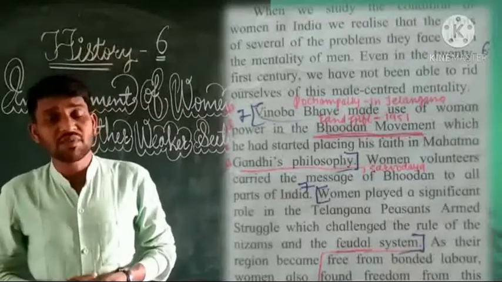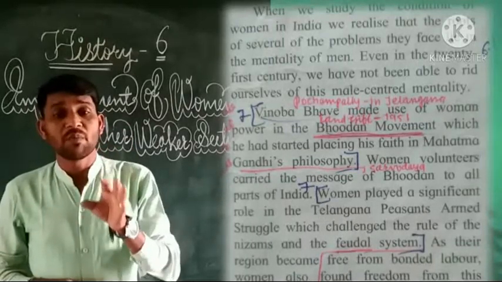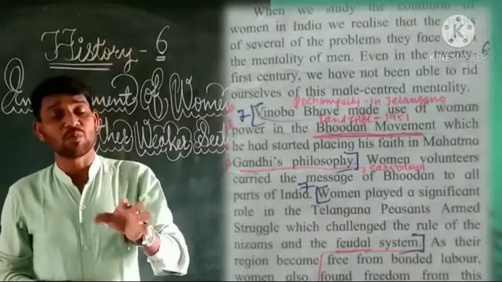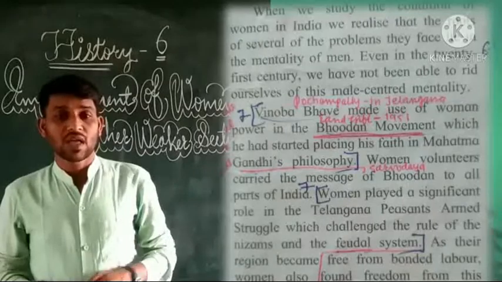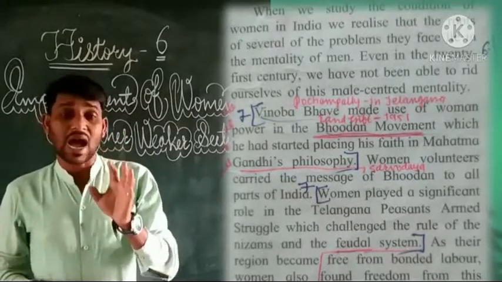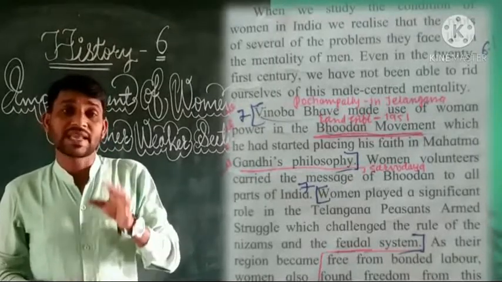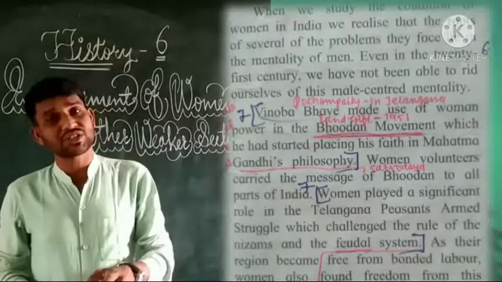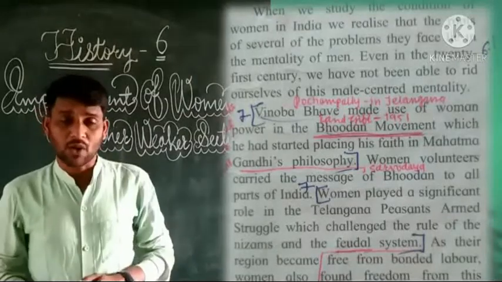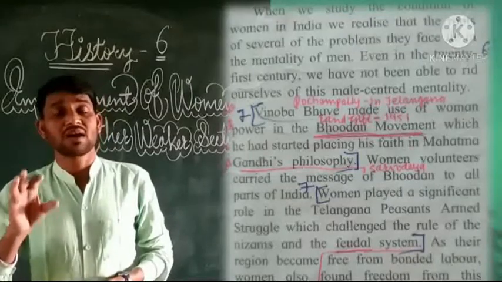So the very first is Vinoba Bhave, who made use of women power in the Bhudan movement. This Bhudan movement, which was started by Vinoba Bhave, took some women into consideration to spread the message of the movement, because Vinoba Bhave was a follower of Mahatma Gandhi.